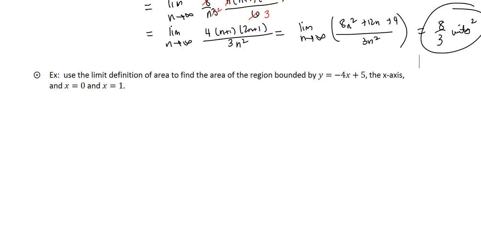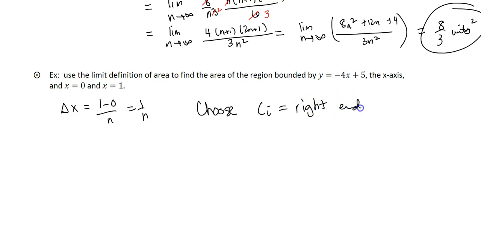Now looking back at that problem we were looking at in the last video, y equals negative 4x plus 5. If we went through this process, again, we would have delta x is 1 minus 0 over n, or 1 over n. We're going to choose c sub i to be the right endpoints, which are a plus i delta x.